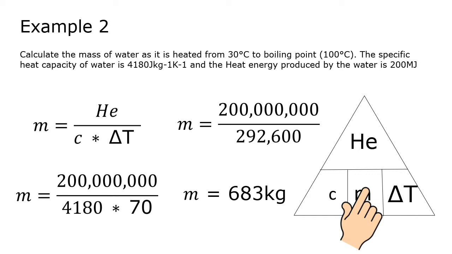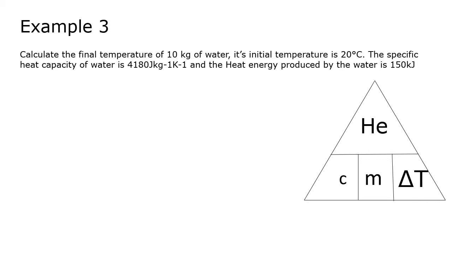So again, fairly straightforward. If you've done enough of these in the previous units with other energies, you'll find this fairly straightforward by now. And again, what might happen here, for example 3, is it doesn't say calculate the change in temperature, I've put it as calculate the final temperature. So you've been given the mass, the initial temperature, and again our energy and our specific heat capacity.